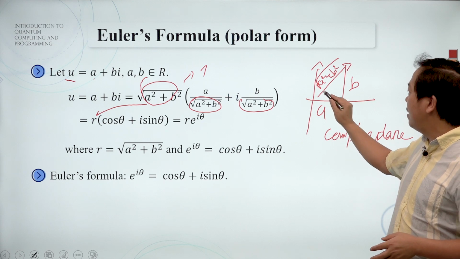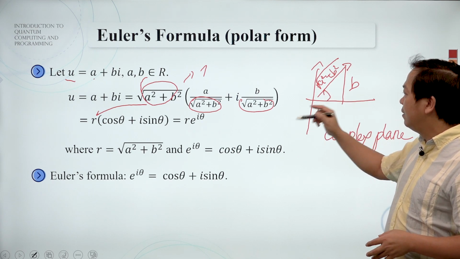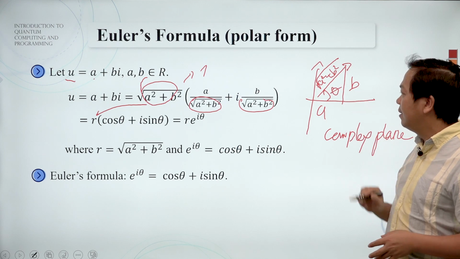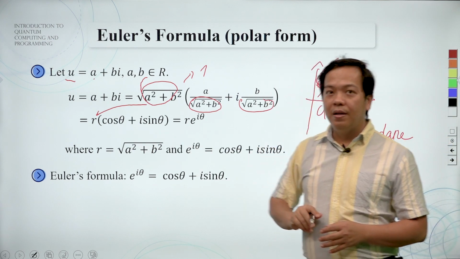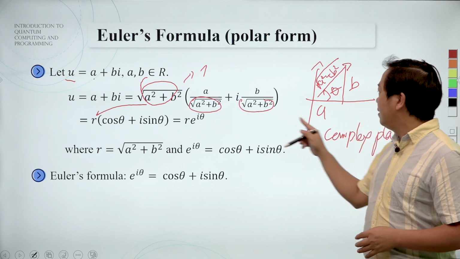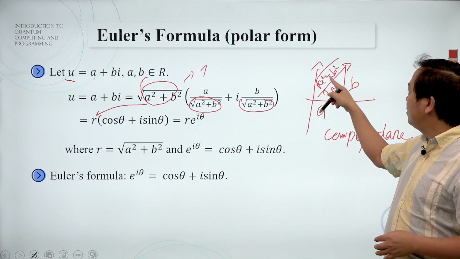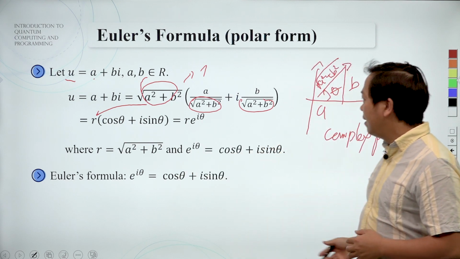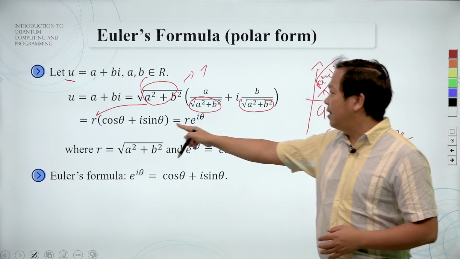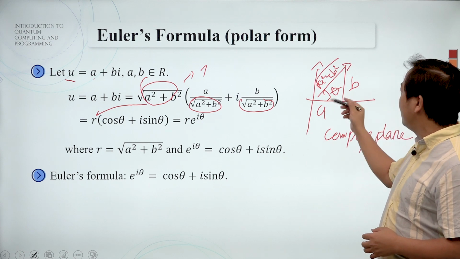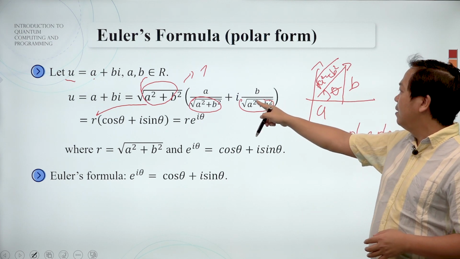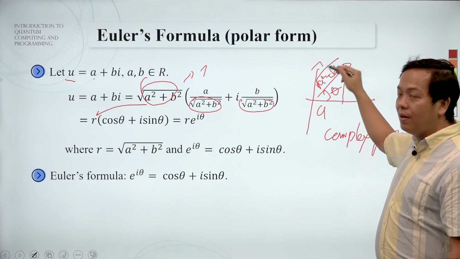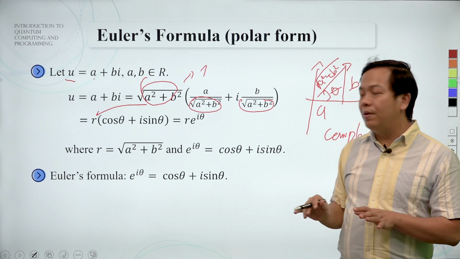So over here, this is called theta. And if a is divided by this value, it equals cos theta. And sin theta is equal to b divided by this value. So that is very important.